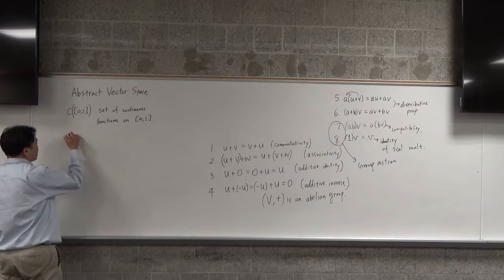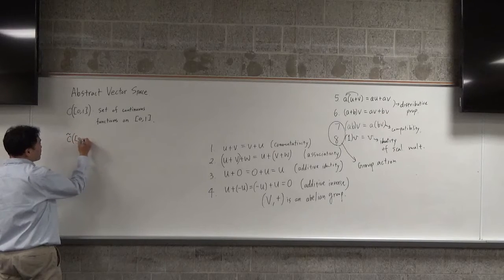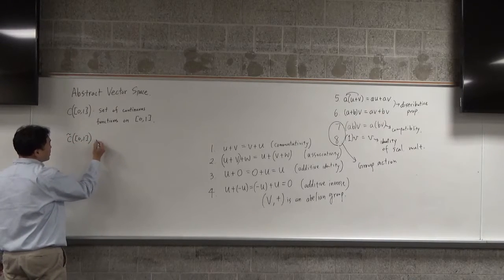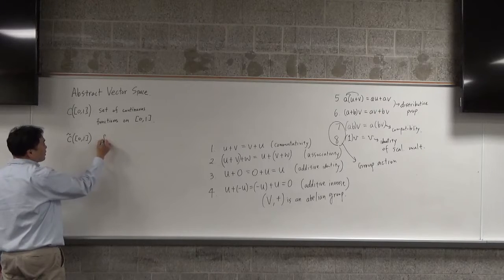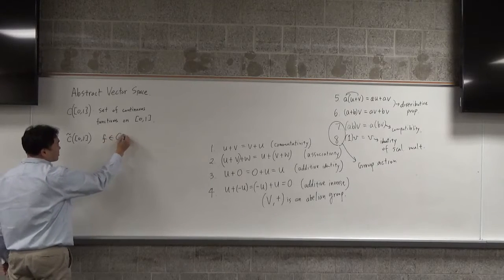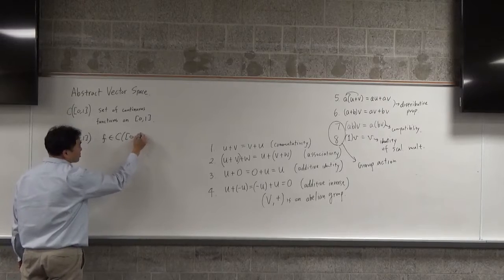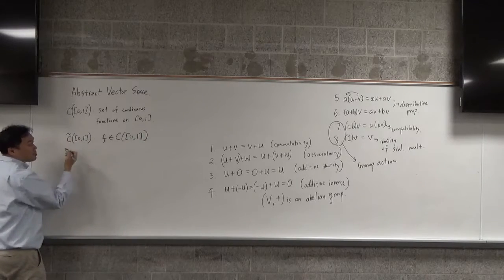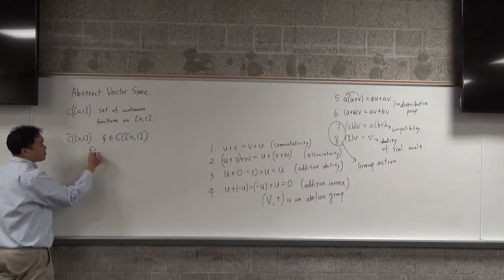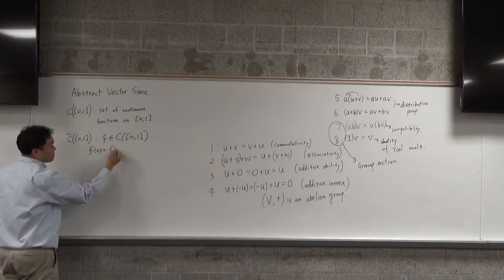Let's define C tilde[0,1] as: f is in it, it has to be continuous on 0 to 1, but I'm going to add another requirement that f of 0 is the same as f of 1.